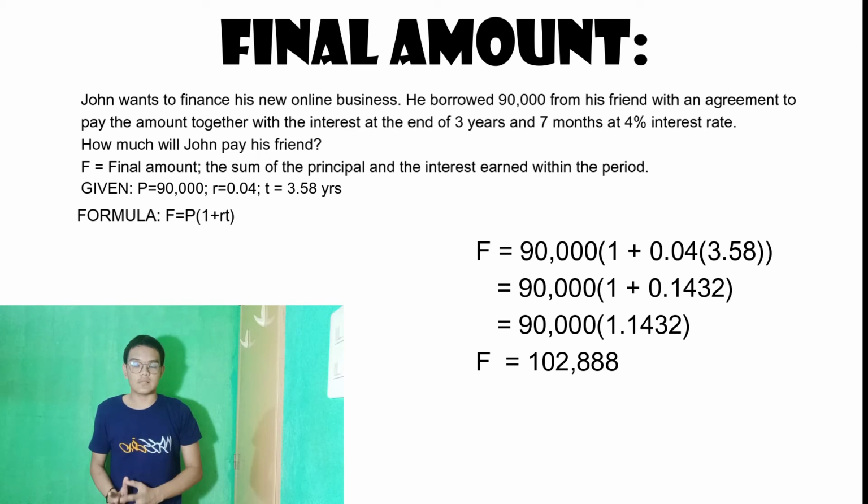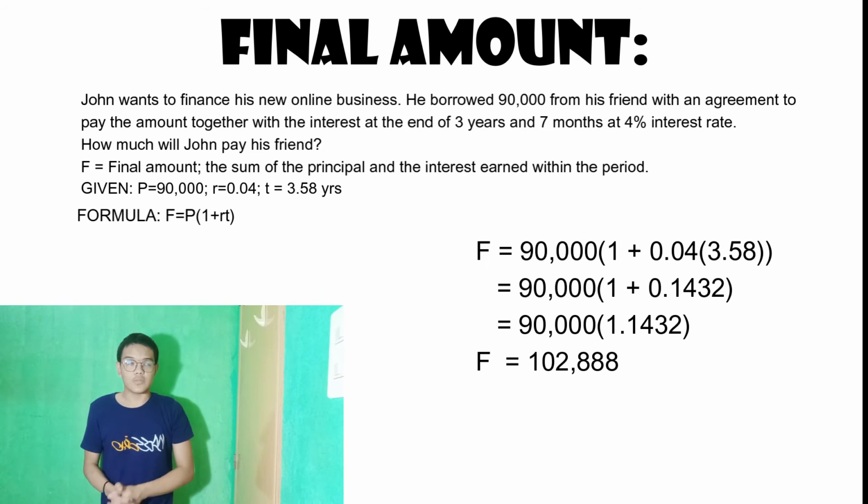If we multiply 0.04 and 3.58 years, it will become 0.1432, and we add 1 to get 1.1432, and finally we must multiply it by the principal, which is 90,000. Therefore, 90,000 times 1.1432 is equal to 102,888. So John has to pay his friend 102,888 pesos.